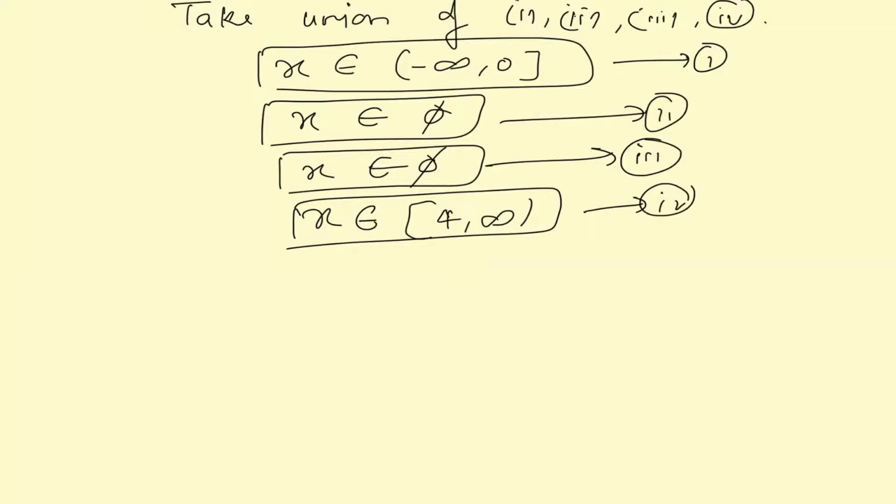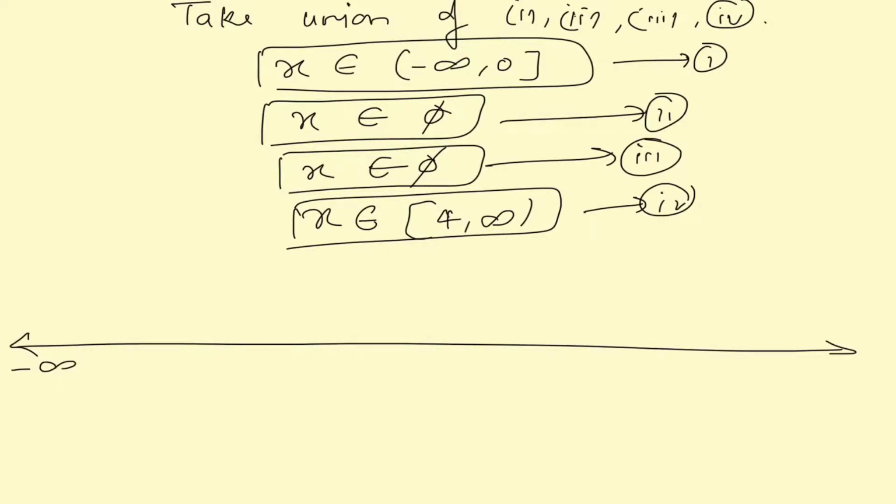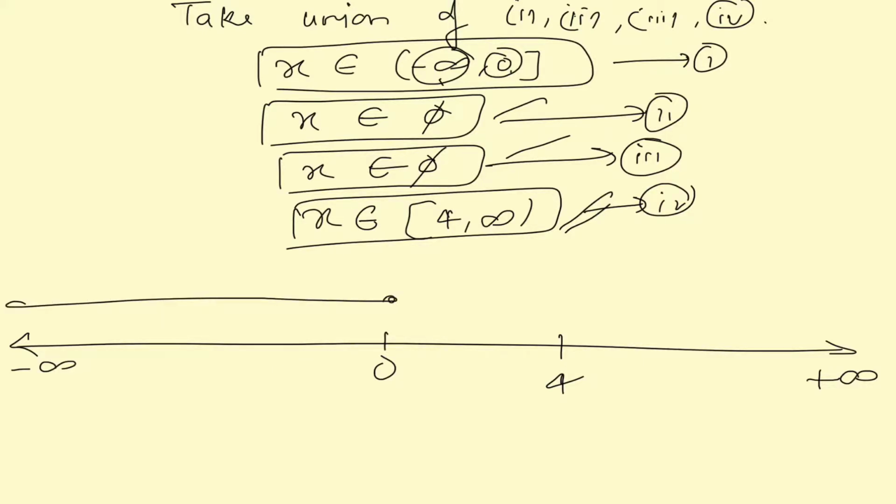So we need to take the union here. We can draw the number line, minus infinity, plus infinity, and 0 will be here somewhere. The second and third are useless. Minus infinity to 0 means from here to here, closed at 0, and 4 to infinity is like this.